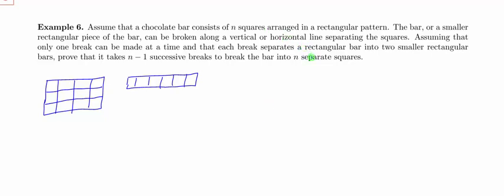So if you have like a Hershey's bar, or usually in class I use a Trader Joe's dark chocolate bar, they'll have those pre-formed from the molding process. You'll have those rectangles, and you can most easily break it along the lower parts of the bar that they have pre-marked out for you in the mold. And so we can break it along a vertical or horizontal line separating the squares.